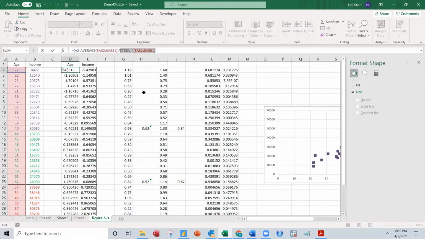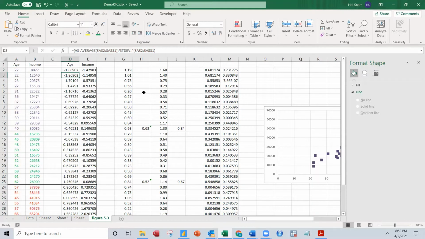Years, right? So we're dividing a difference of years by years. And so the z-score is unitless. There are no units for the z-score. Does everybody see that? The z-score tells you how many standard deviations you're above the mean. This 22 is 1.869 standard deviations below the mean.